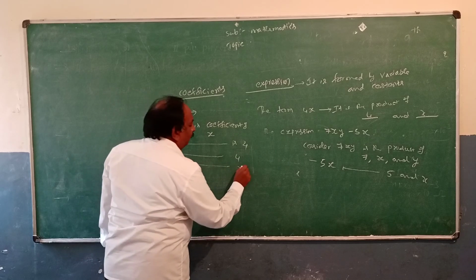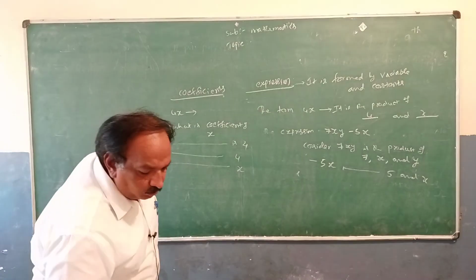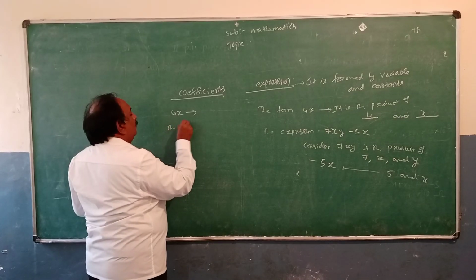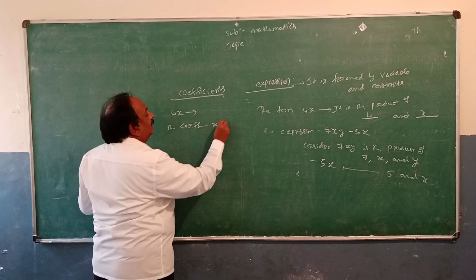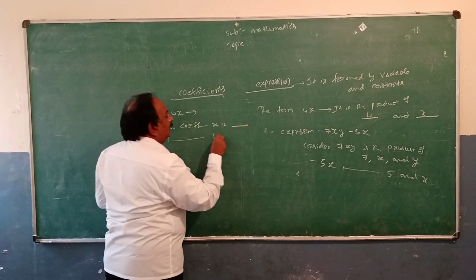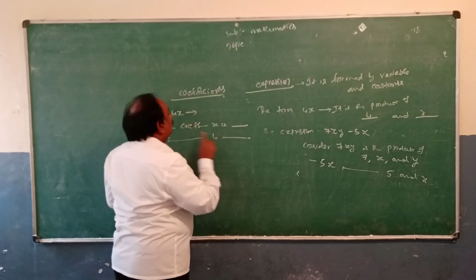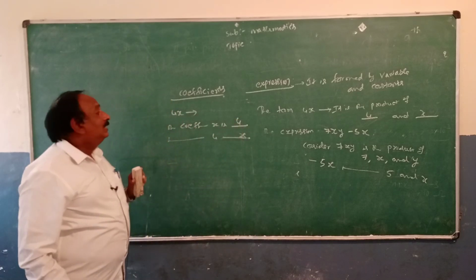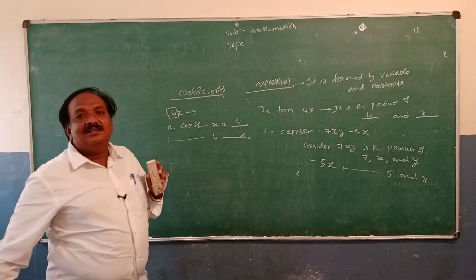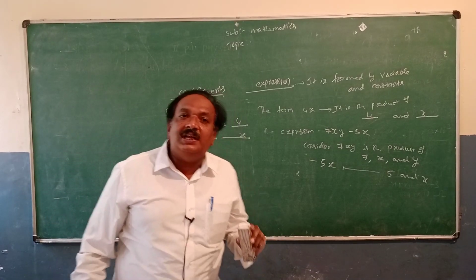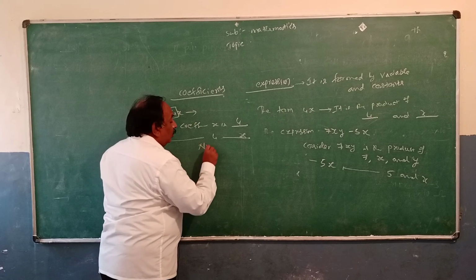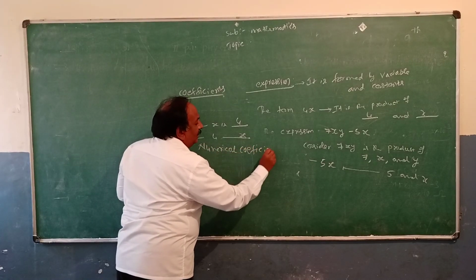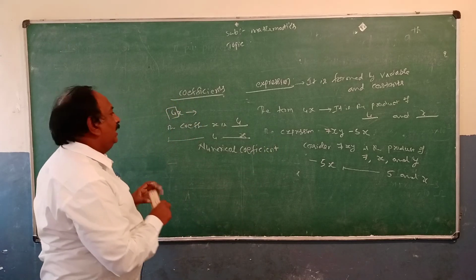The coefficient of 4 is x. But the 4 is treated as the numerical coefficient. The 4 is called the numerical coefficient.